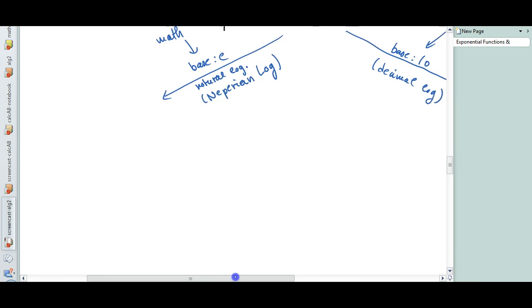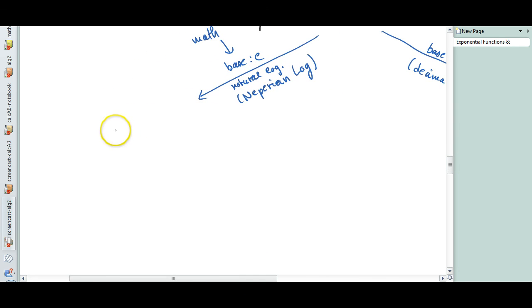Okay, so what happens to the first property? Well, the first one says that, sorry, I start with exponential, right? So if the exponential base e carries x to y, then that's the same as log base e, you know we write that ln, carries y to x.